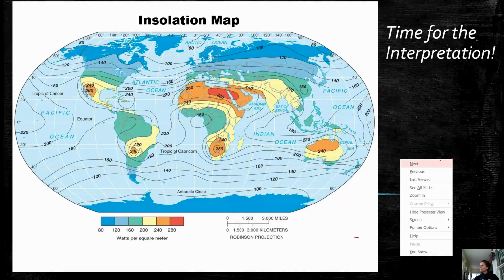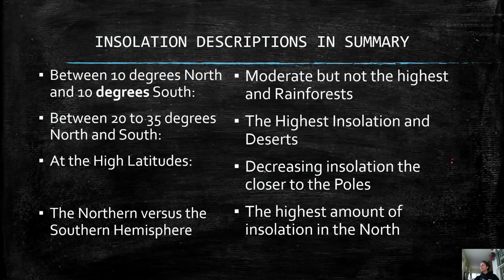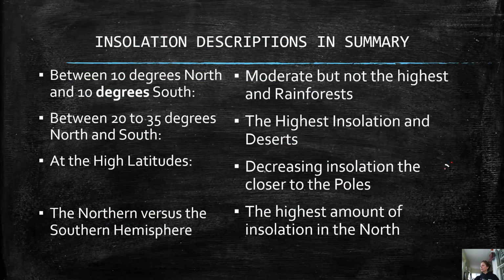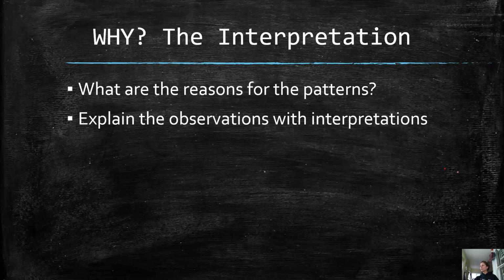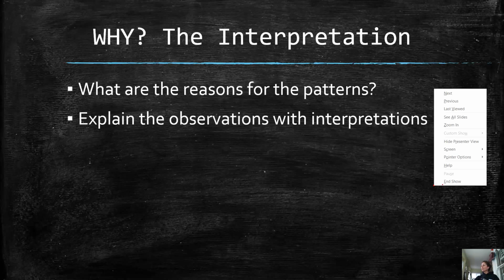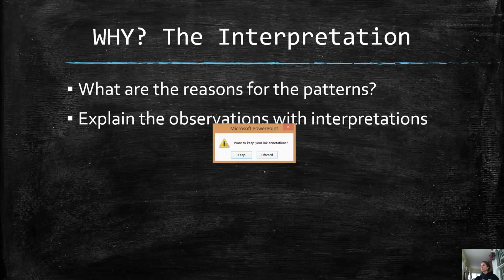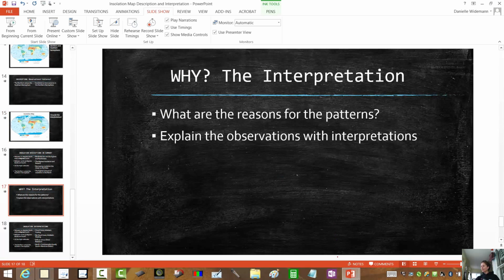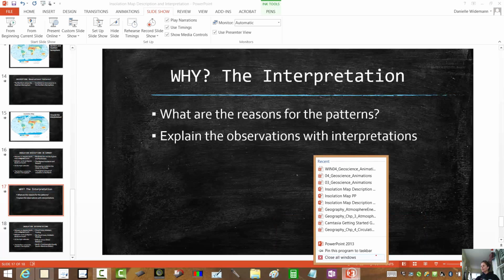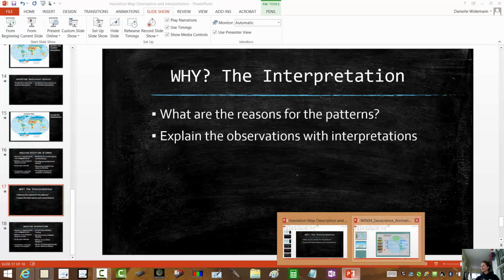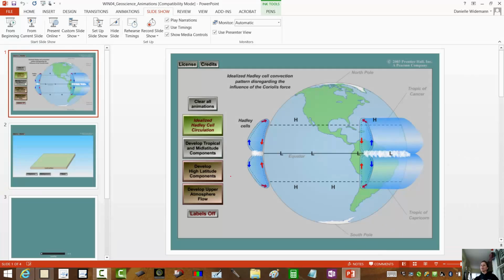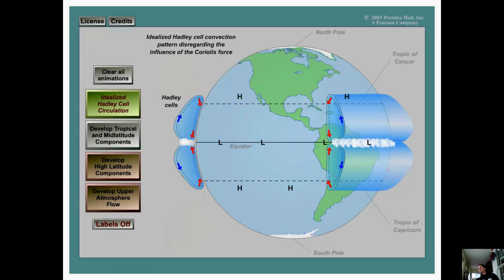So, as we ponder these ideas, let's think about where that takes us as far as the interpretations we want to make. I have a great animation to show you that I think will really help with understanding the adiabatic heating and adiabatic cooling that we see happening around our equator.